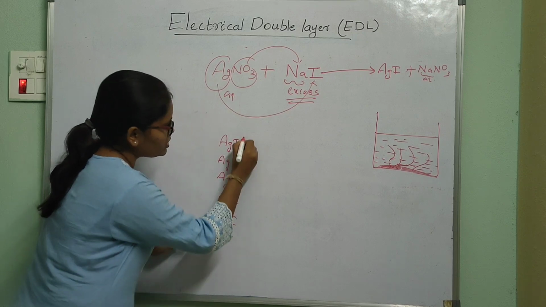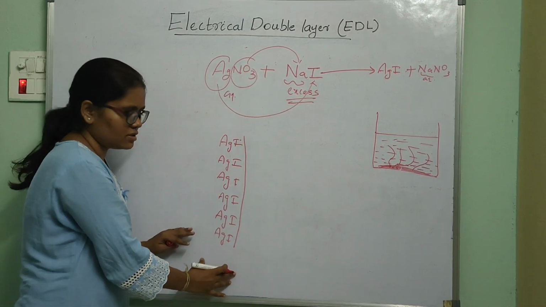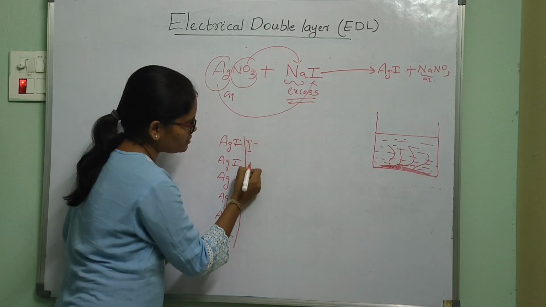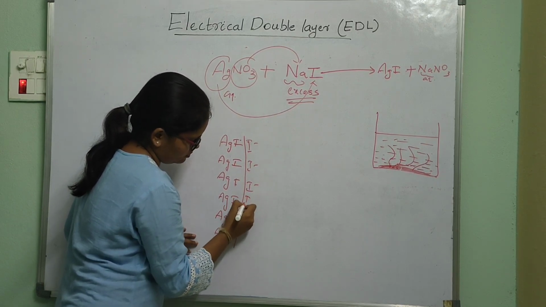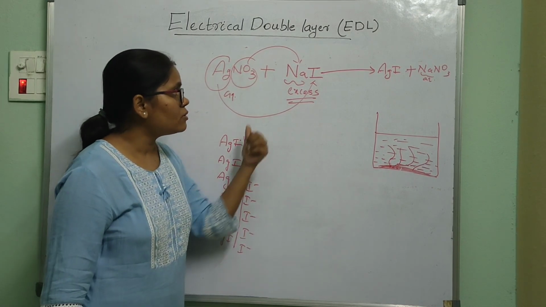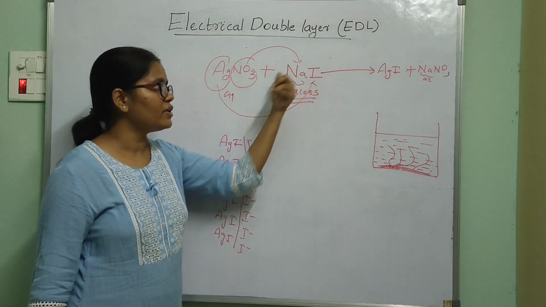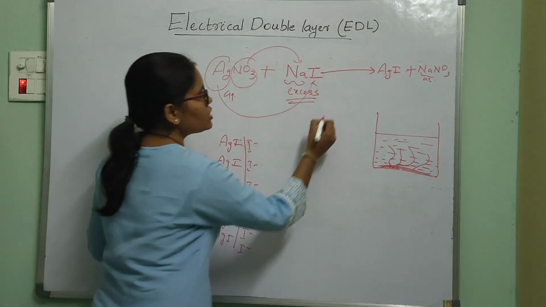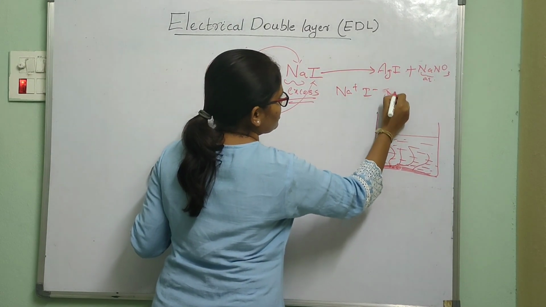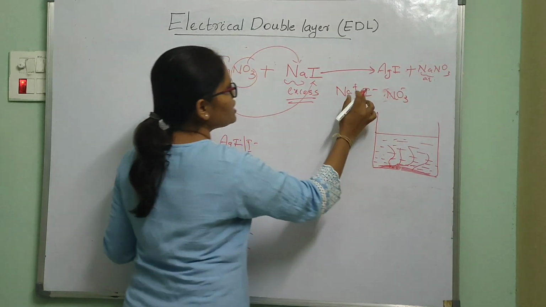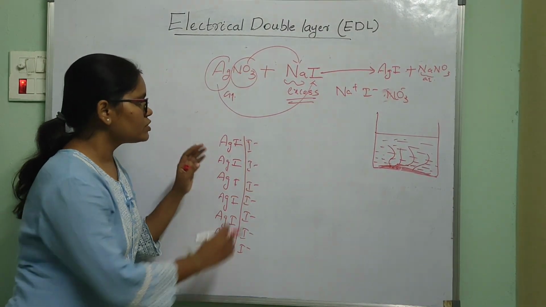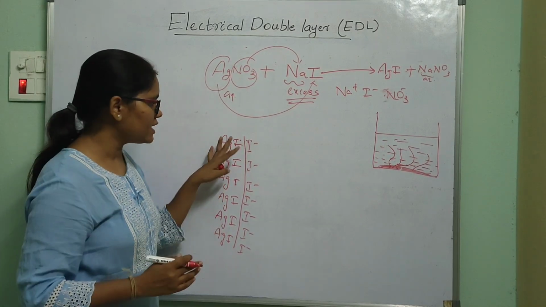So this is the surface of one colloidal particle of silver iodide, and we have seen that this silver iodide had absorbed the iodide ion from the solution. We saw there are three ions: sodium plus, I minus and NO3 minus. Among these three ions, it had absorbed the iodide ion on its surface. So the colloidal particle now has a negative charge.